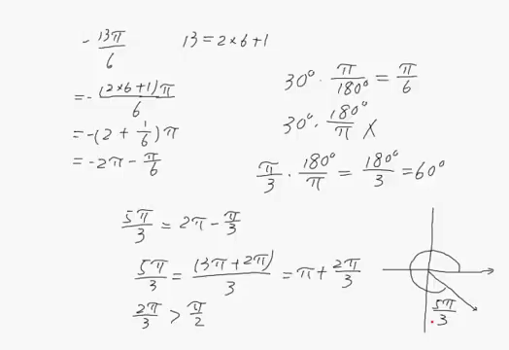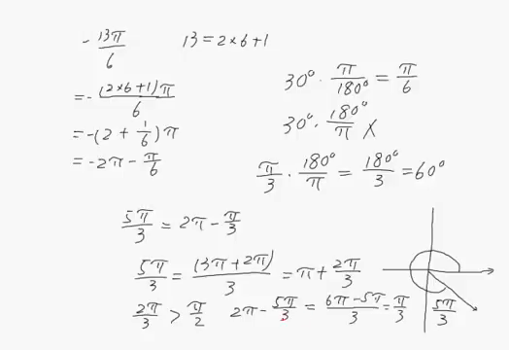So if the angle is in quadrant 4, and the angle is between 0 and 2 pi, you may try to rewrite this angle as the difference of 2 pi and its reference angle. So right now, the reference angle definitely is equal to 2 pi minus 5 pi over 3, and this is equal to 6 pi over 3 minus 5 pi over 3, and then finally you get pi over 3.